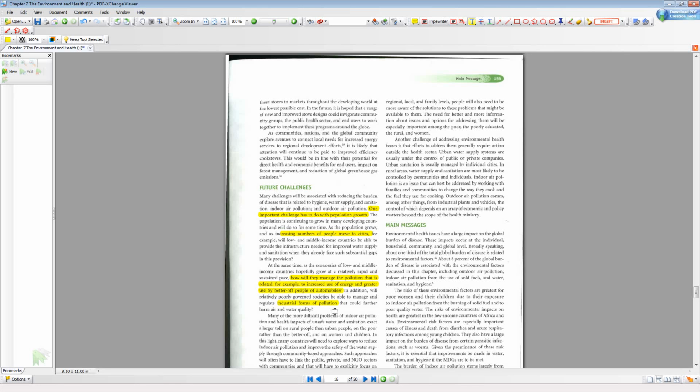Traffic injuries cause about 1.3 million deaths. Violence causes some 1.6 million deaths annually. And oftentimes this is linked back to alcohol. So again, these are some of these environmental health challenges that we face when we think of those psychosocial and social relationships that we have with one another.